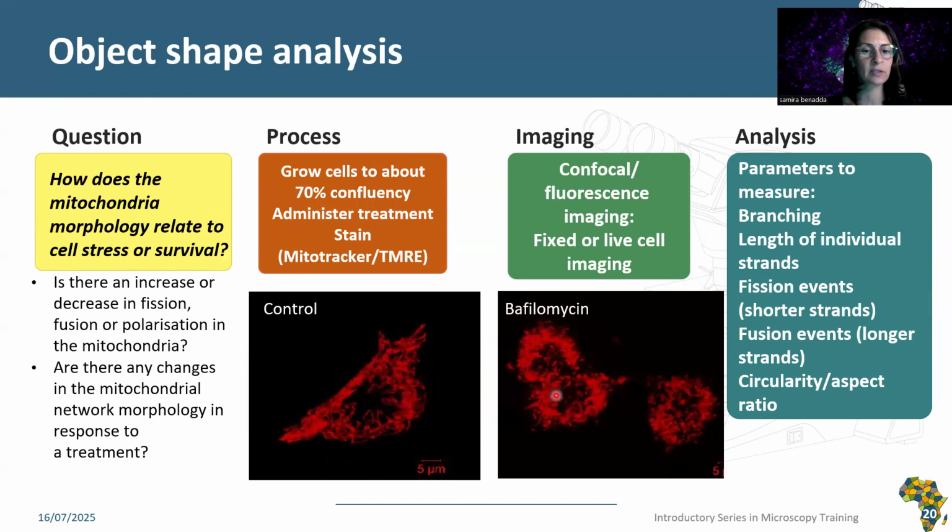Now we can see the difference in shape with confocal fluorescence microscopy in fixed or live cells. And after, we can measure different parameters like branching, length of individual strands, fission events, fusion events, or circularity.